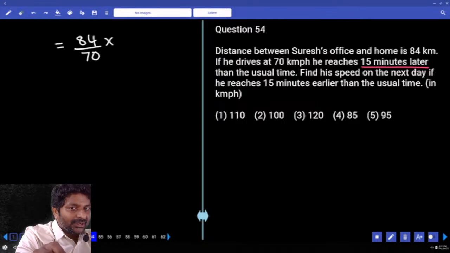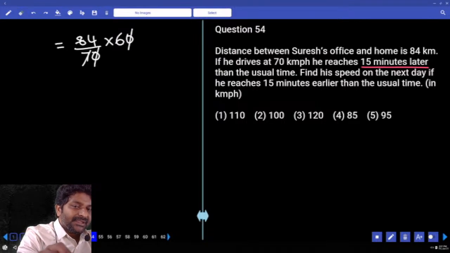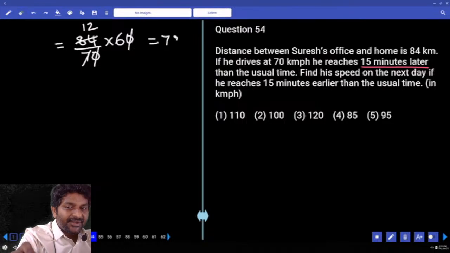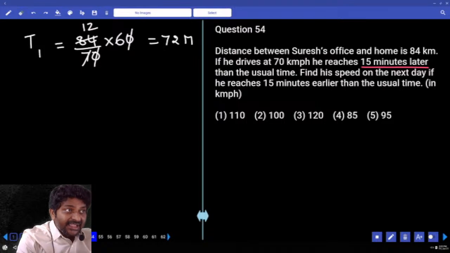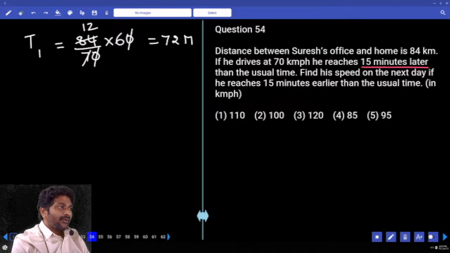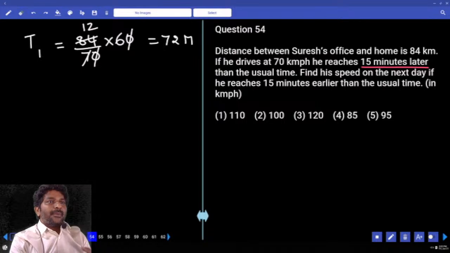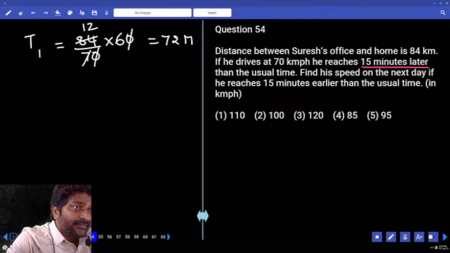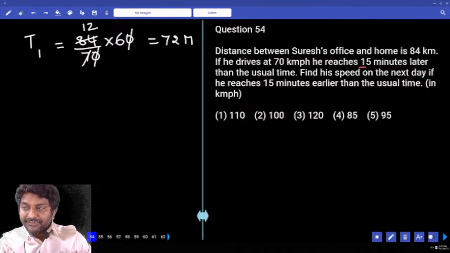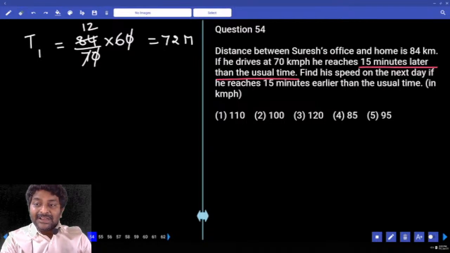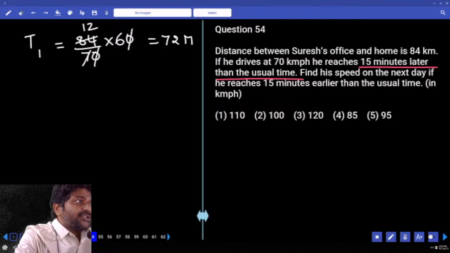The next information says time in minutes, so I want to convert hours to minutes. 0 gets cancelled. 7 twelves are 72 minutes. That is the time he is taking in the first case. It is 72 minutes, which is 15 minutes later than the usual time.